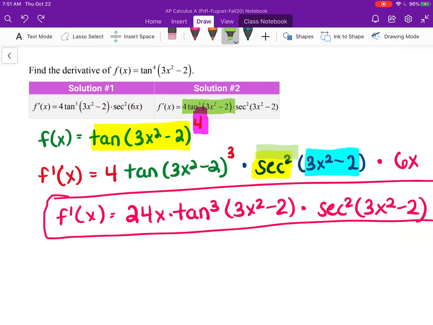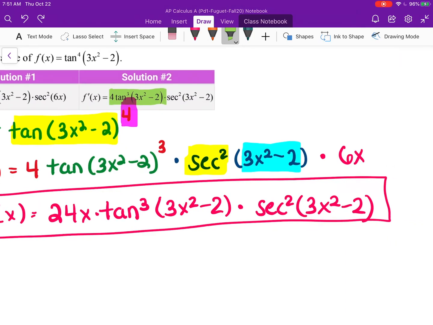They even got the secant squared of 3x squared minus 2. They got that part. They just forgot to take the derivative of this inside function again. They didn't take the derivative, the final 6x. They didn't calculate that.